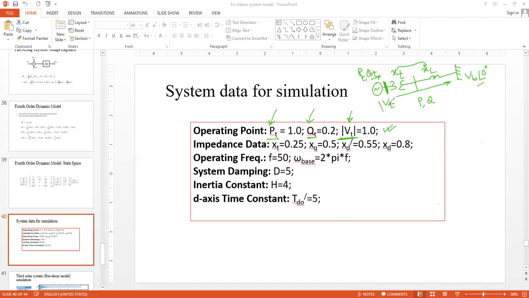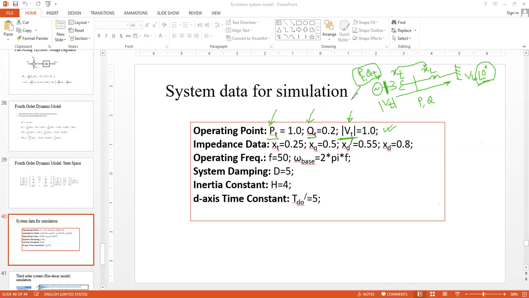So the magnitude of VT is given, but not the angle. We have already shown earlier how to proceed with the calculation process for finding out the initial values for the dynamic system, so we have to adopt those steps. By operating point, basically we mean some information related to the power flow and the voltage magnitudes, and if available, some angle of the voltage phasors.